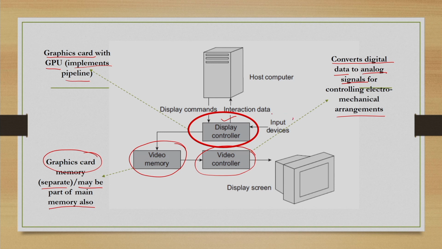Along with that, there may be input devices attached to the graphics system, which allows the user to change the synthesized image. That is the broad idea of the graphics system and the components involved to process the graphics operations.